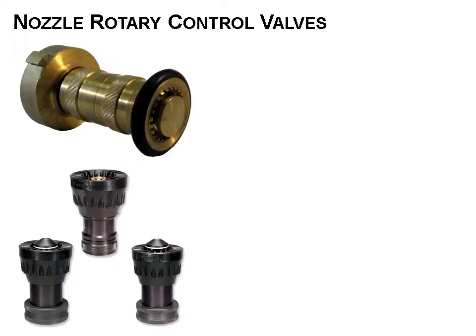Task Force Tips is the most common brand that uses this technology in their nozzles. The rotary control valve is found only on rotary control fog nozzles, basically like your little brass garden hose nozzle. A lot of these are found on booster lines.